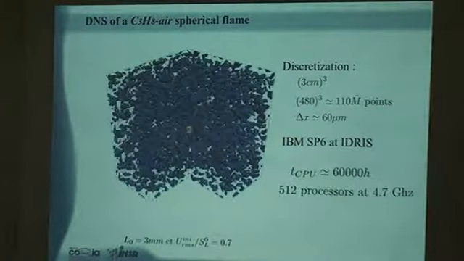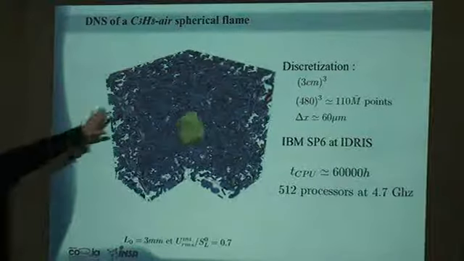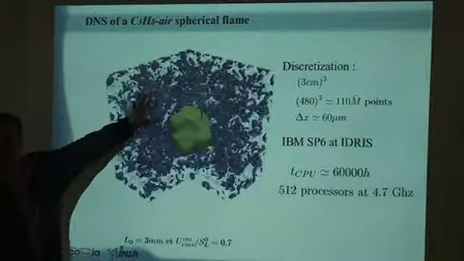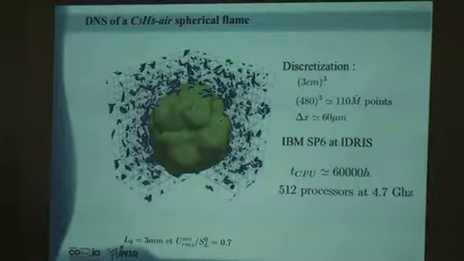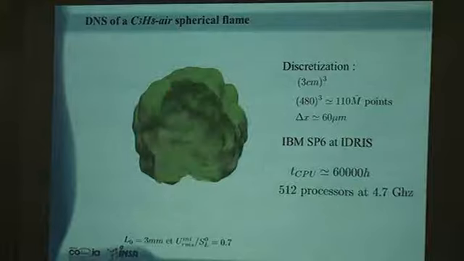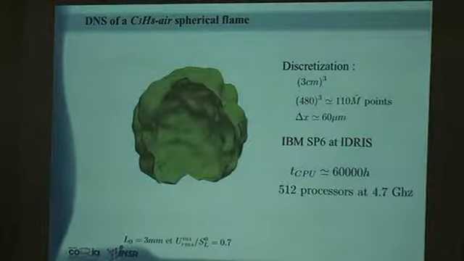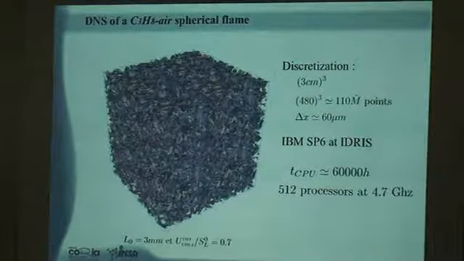How do you introduce turbulence? We have an initial field of turbulence, isotropic. We have a Passot-Pouquet spectrum. We have an initial condition, and then we iterate, and after that we ignite.